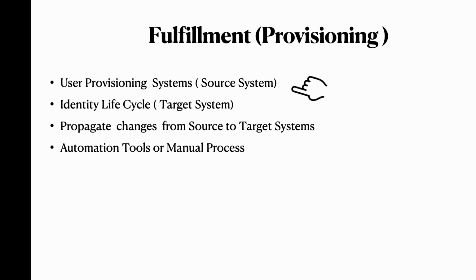So at first, these details are captured into a product before they reach systems like Active Directory. Fulfillment deals with how these changes are propagated from the source system into the target system, in this scenario, Active Directory. Companies could use some kind of ITSM tools, an external process, or even automated tools to propagate these changes from source system to the target system.